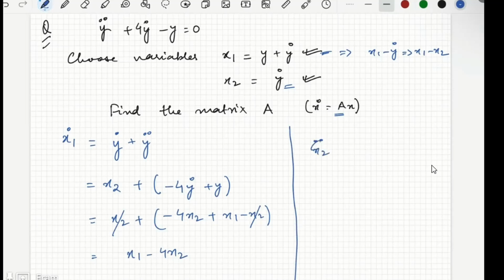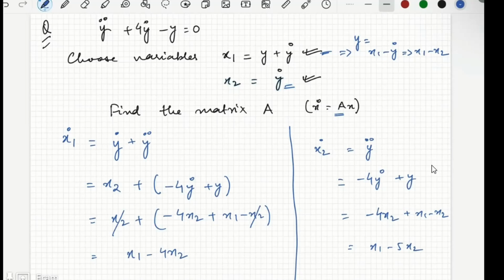Similarly, what will be x2 dot? X2 dot will be y double dot, and y double dot is minus 4y dot plus y, and y dot is x2, and y is, here we have found y is x1 minus x2, so it is x1 minus 5x2.